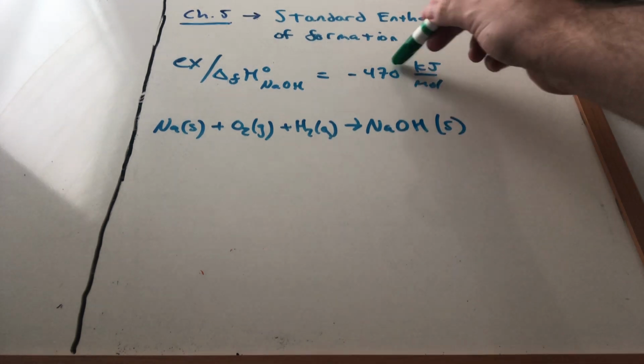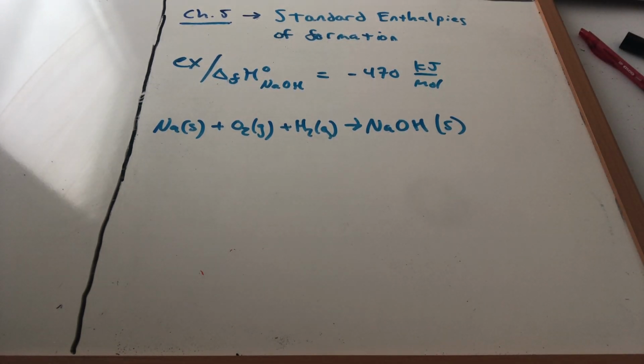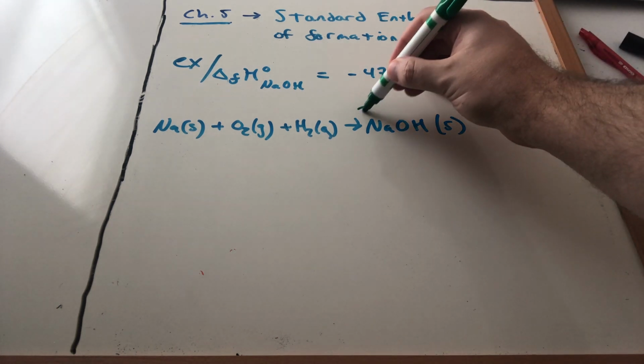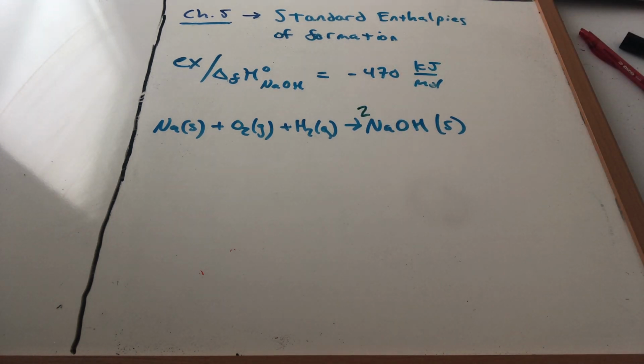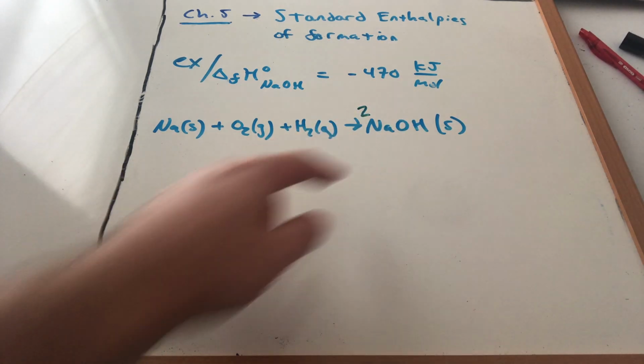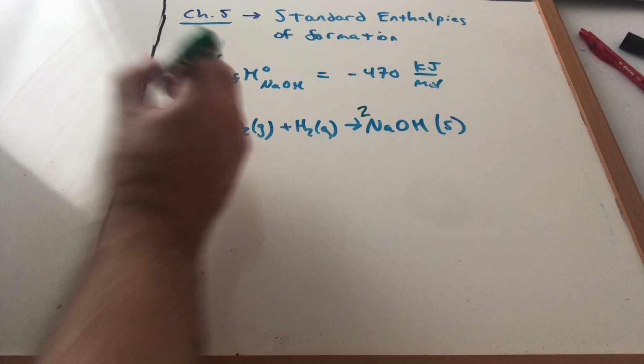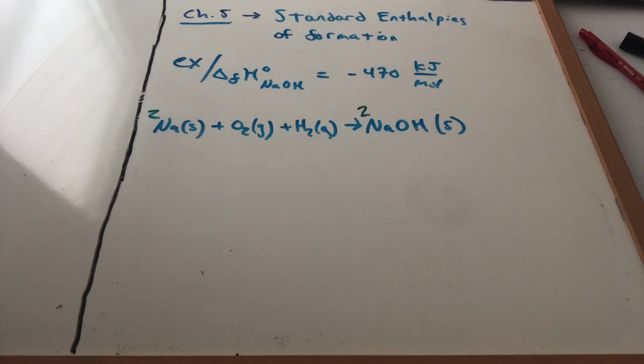But to use this value here, we need to make sure there's 1 mole in front of the NaOH. Well, hold on a second. If I go to balance this, I'm going to need a 2 here in front of the NaOH to balance out my O's and my H's, and then I would need a 2 here. So what am I going to do?